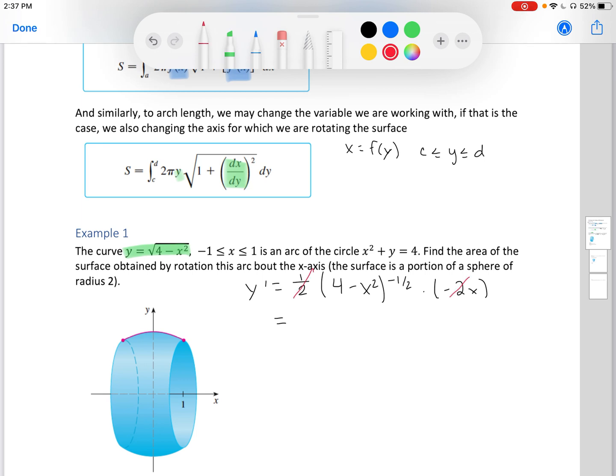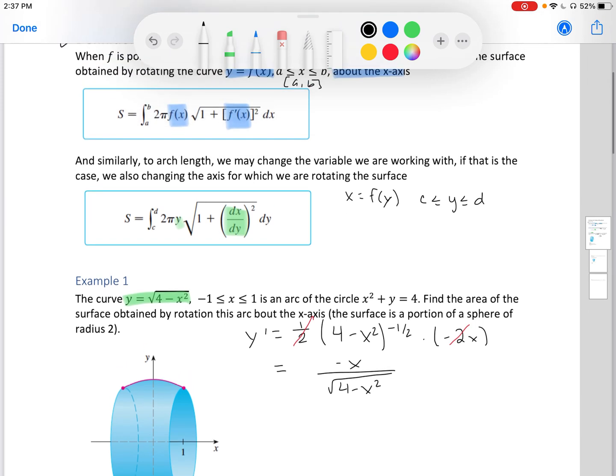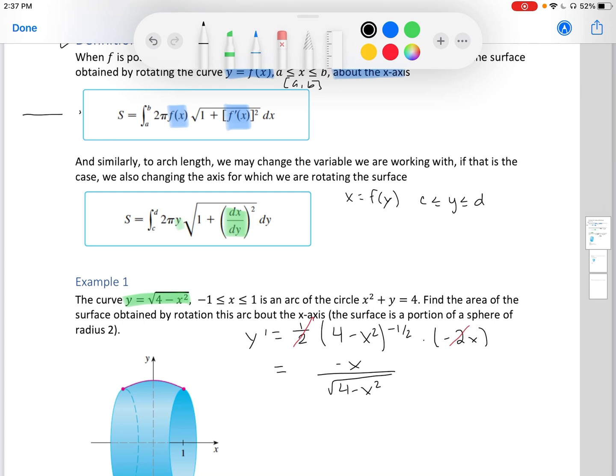Our 2 and 1/2 make 1. And we're left with negative x divided by the square root of 4 minus x squared. Okay, so now that we have our derivative, let's go ahead and use our formula.